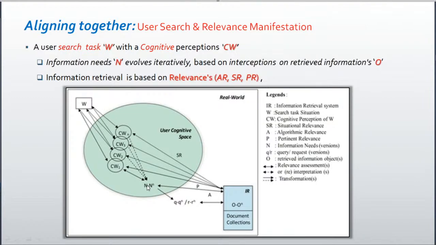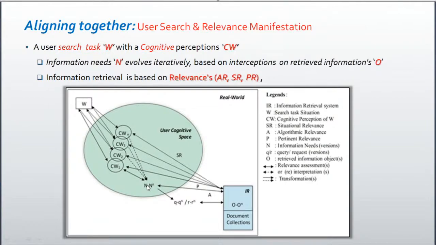Now, you have typed the keyword into the system as Q, and based on this Q, the system applies some kind of algorithmic relevance which we have discussed, like term frequency or any mechanism, which simply maps your keywords with the objects which we have processed and kept in the IR system.